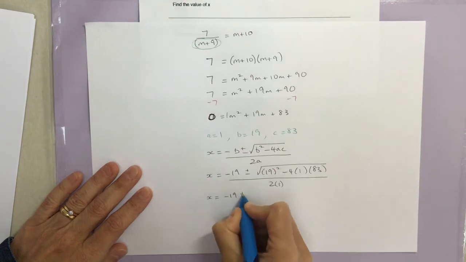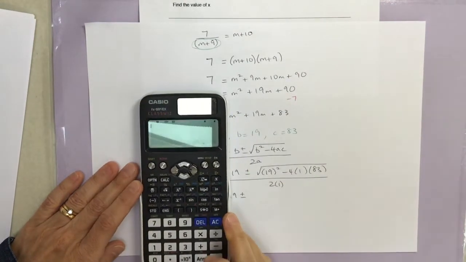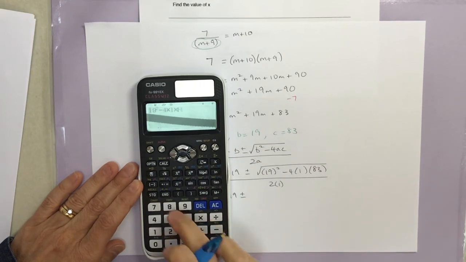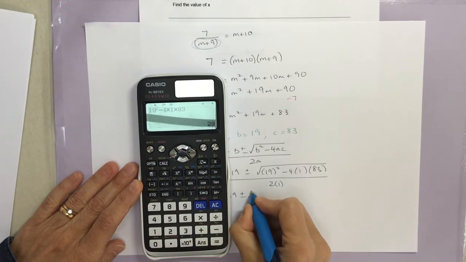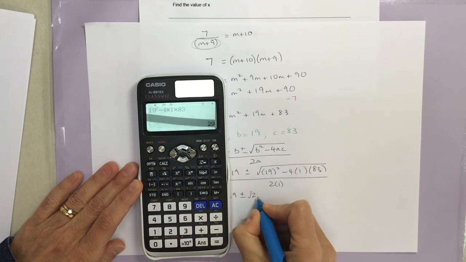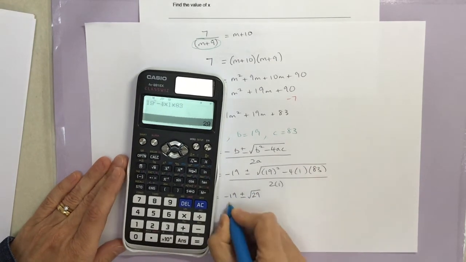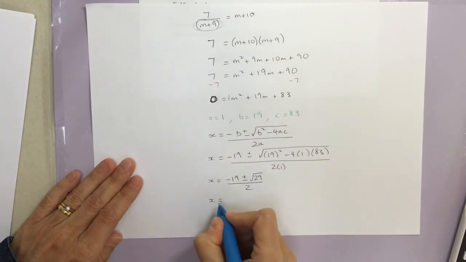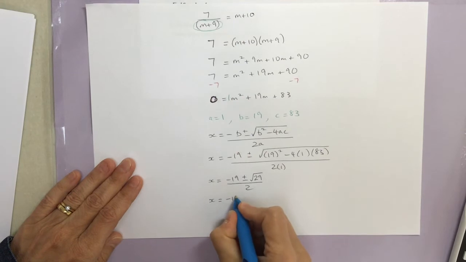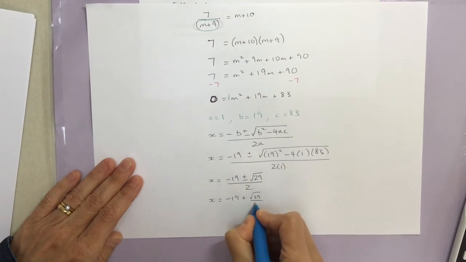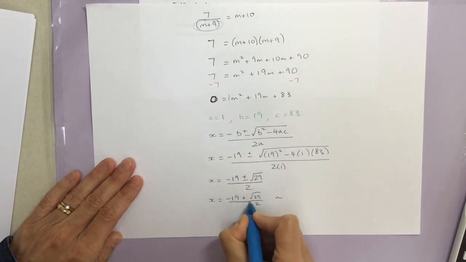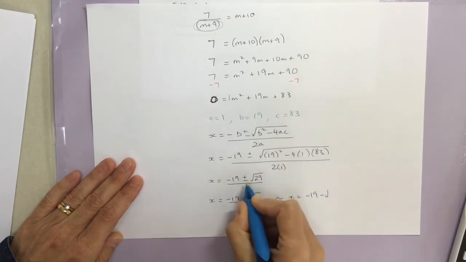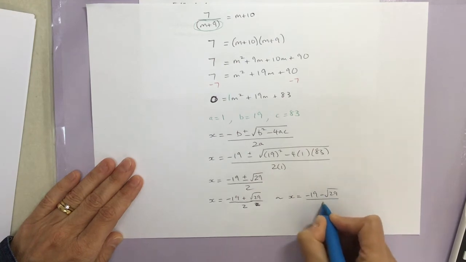So minus 19 plus or minus, let's sort that bracket out, 19 squared minus 4 times 1 times 83. So that's plus or minus the square root of 29 all over 2. So my two possible answers to this quadratic, x equals minus 19 plus root 29 all over 2, or x equals minus 19 minus root 29 all over 2.